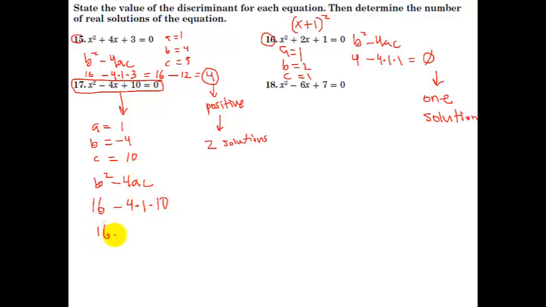So this is going to be 16 minus 40, which is negative 24. Okay, negative 24 tells us, since it's negative, there's no solutions. And now if we were to graph this parabola, it would never cross the x-axis. So you can always graph these in Desmos as well if you think that would be helpful.